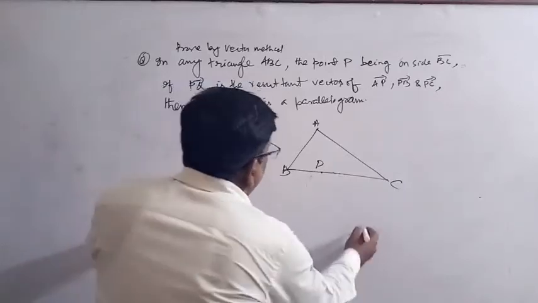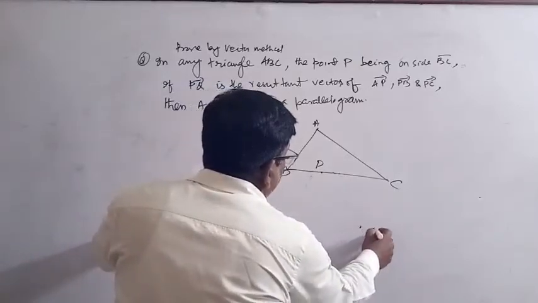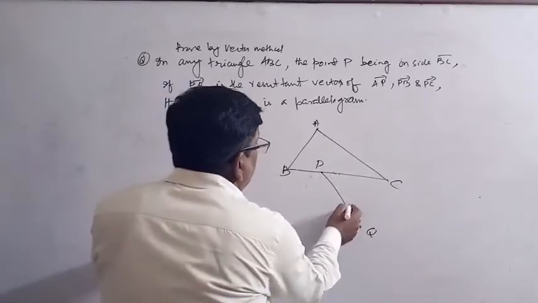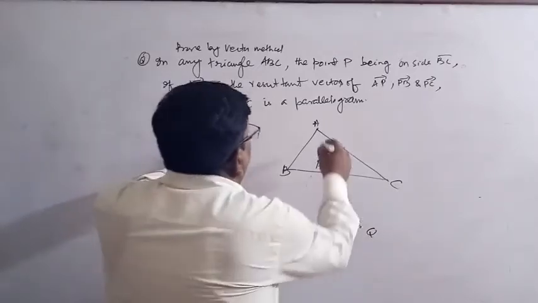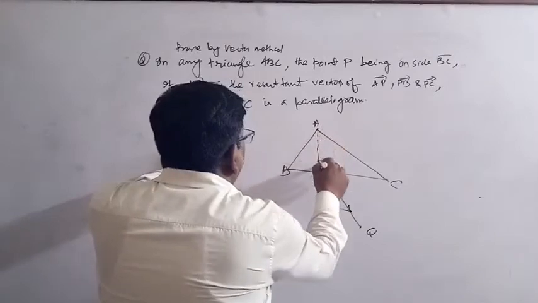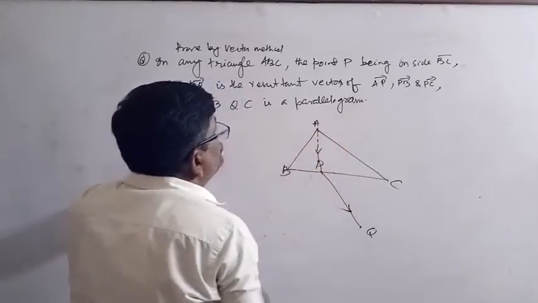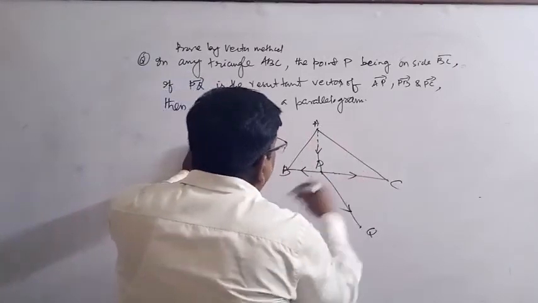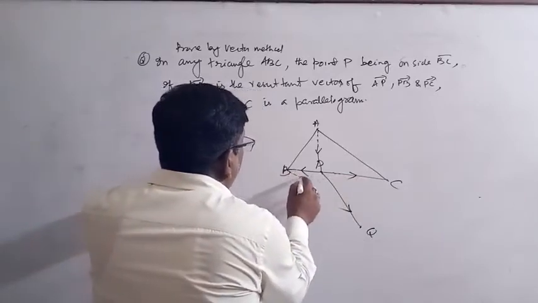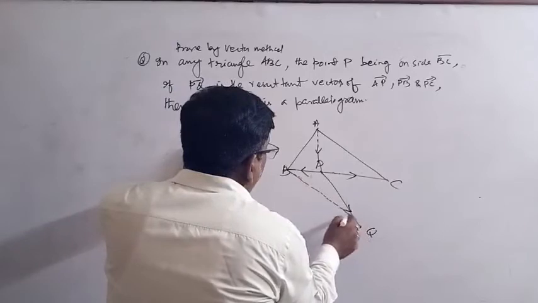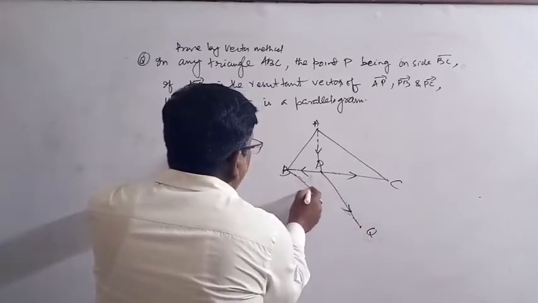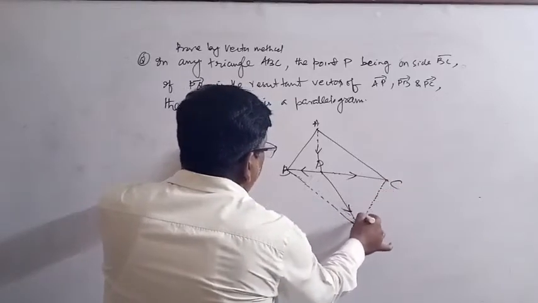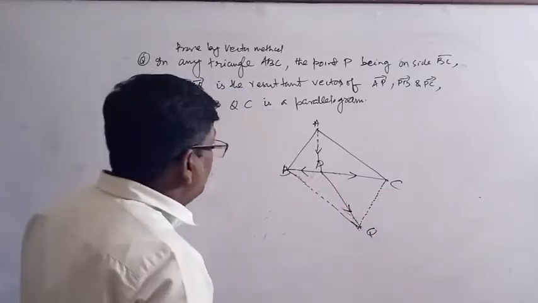PQ is the resultant of AP, PB and PC. Then we have to prove ABQC is a parallelogram.